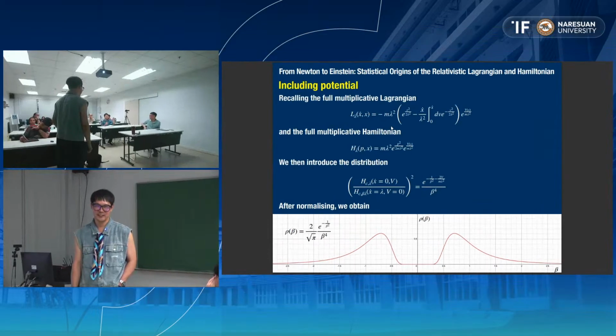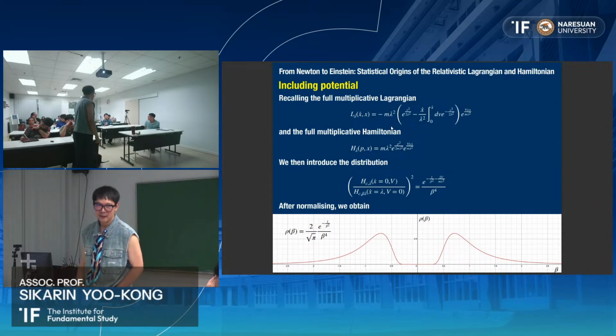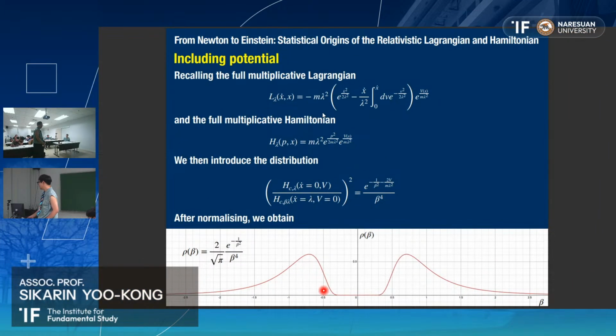Just a curious question: can you Taylor expand around beta equals 0? You mean for this distribution? It should be possible, I don't know, but do you need to?